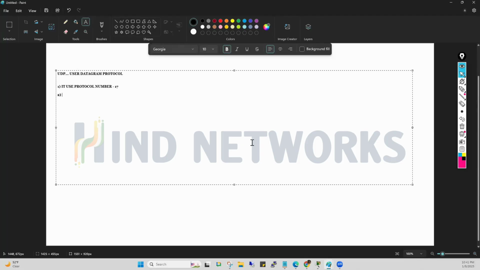Point number 2, it is fast compared to TCP. It is fast, but it's not reliable. It means if you are using UDP, in this case, you will not get any acknowledgement.